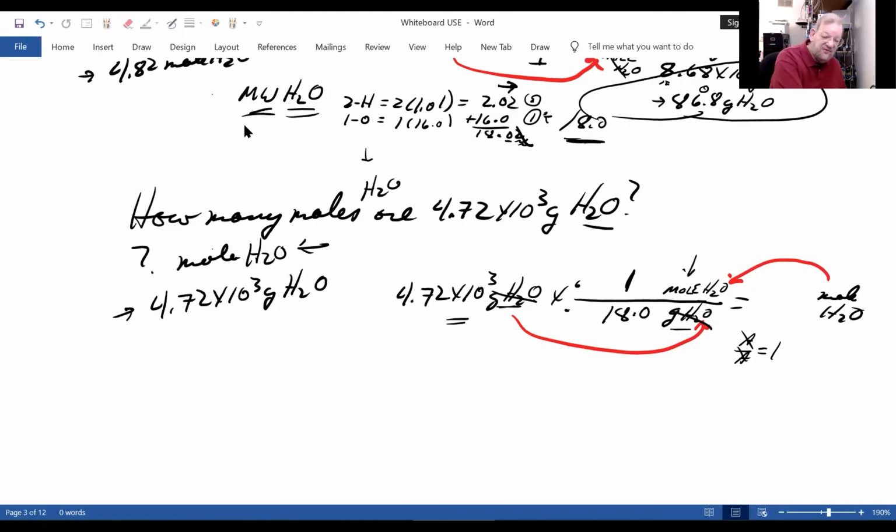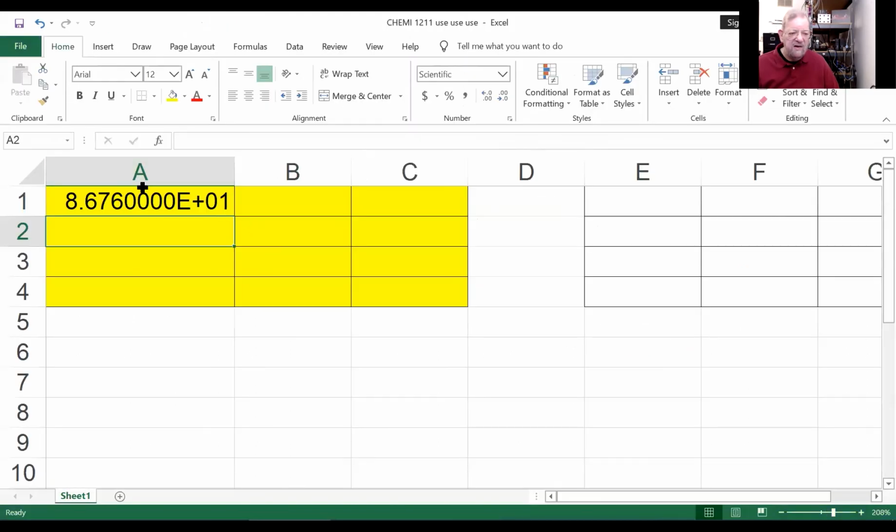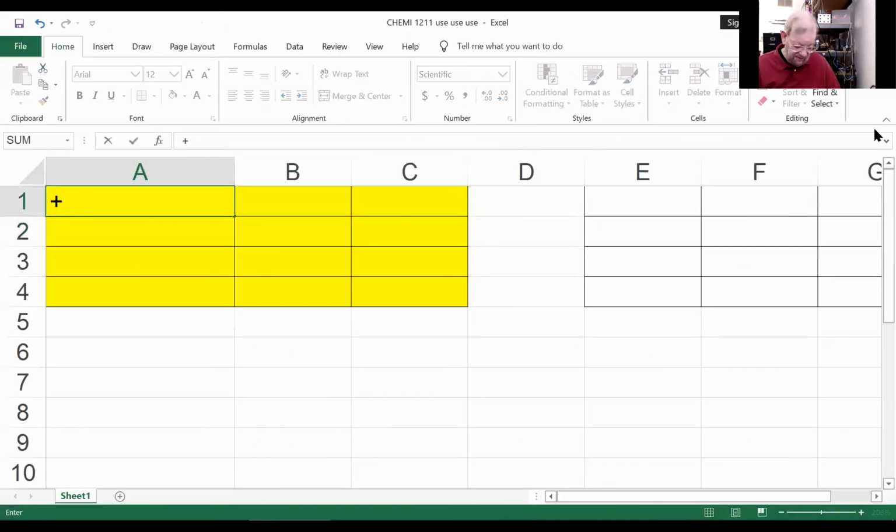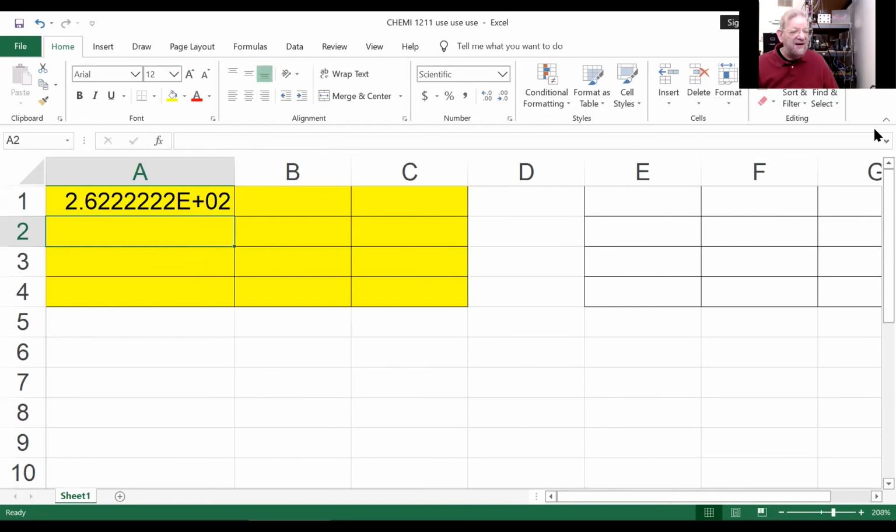So now it's time for me to go to my calculator. And notice both numbers are 3 significant figures. I'm in my rut again. And round that.